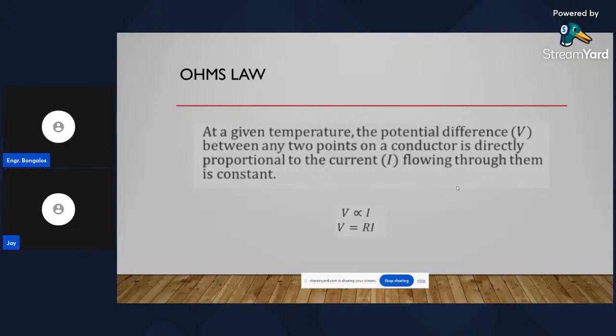Sabi dito, at a given temperature, the potential difference V between any 2 points on a conductor is directly proportional to the current flowing through them, provided the temperature is constant. So, therefore, yung V natin is equal to IR.